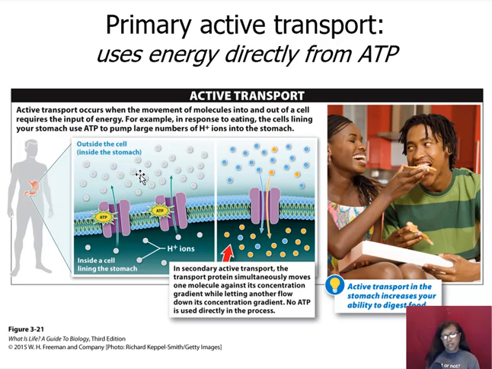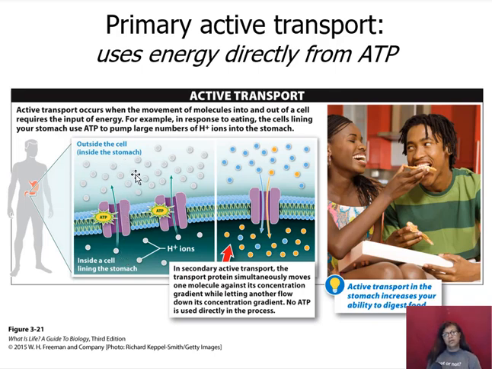Remember our pH lecture? So here we have the inside of a cell that's lining the stomach, right? And here we have the outside of the cell, which is the inside of the stomach, okay? So here we can see we've got this high concentration of hydrogen ions inside the stomach. But the cell needs to get more hydrogen ions into the stomach.